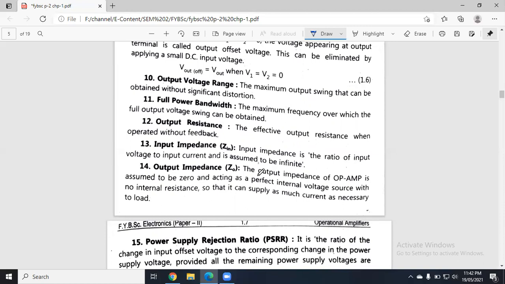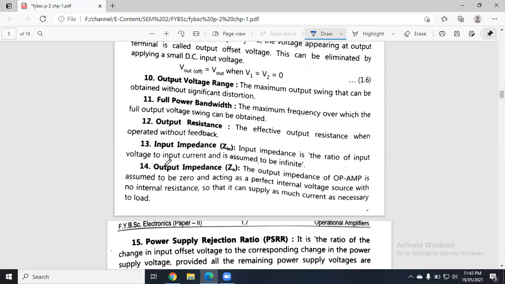Okay. Input impedance, this is important. Z in, it is always denoted by Z in. Input impedance can be defined as the ratio of input voltage to input current. Ideally, input impedance should be infinite.